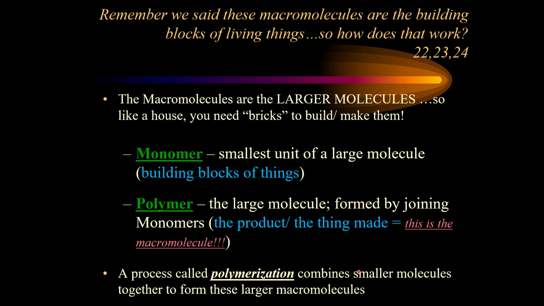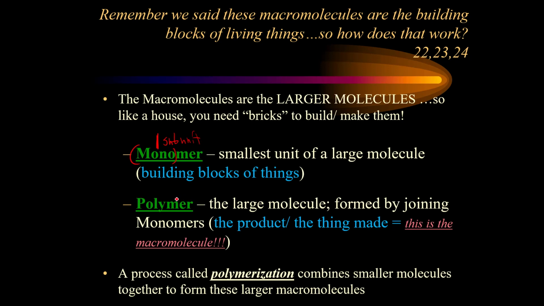So, talk a little bit about what a monomer and what a polymer is. Macromolecules, as we said, are large molecules. You need bricks to make a large house. You're going to need little bricks to make a large molecule. So a monomer is one subunit of whatever polymer we're talking about.